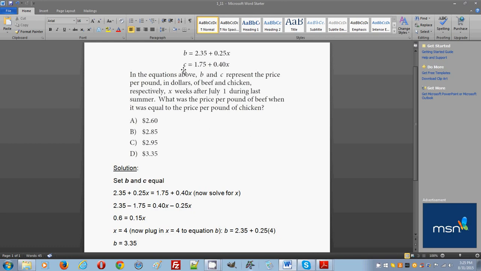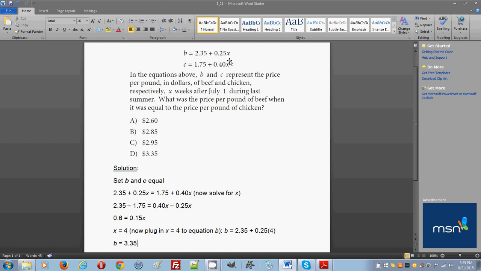And the same thing for C, the price of chicken. So with the increasing number of weeks after the July 1st of last summer, comes the increase in the price per pound of chicken. Okay? So both of them increase with the increasing number of weeks.